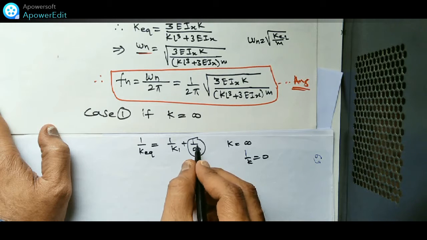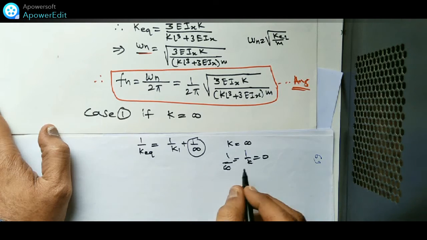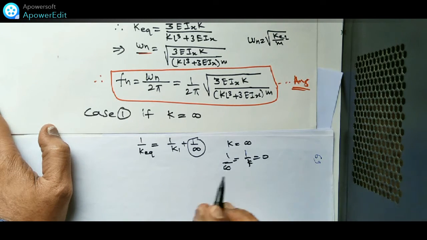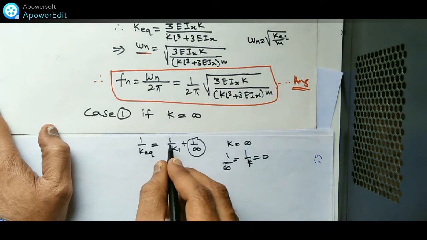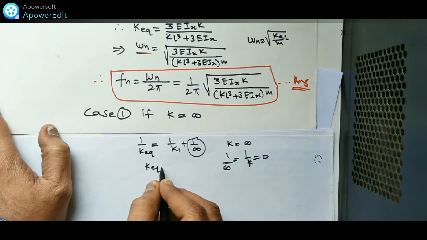That term becomes 1 upon infinite, which becomes 0. So this is 0, and we can write k equivalent is equal to k1.